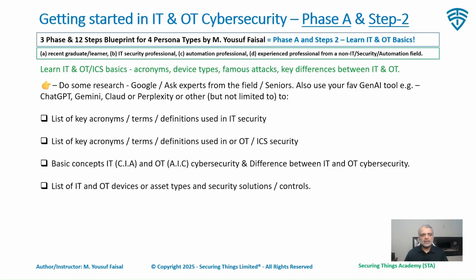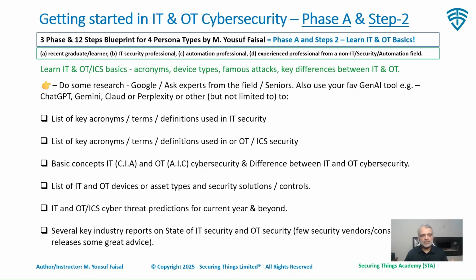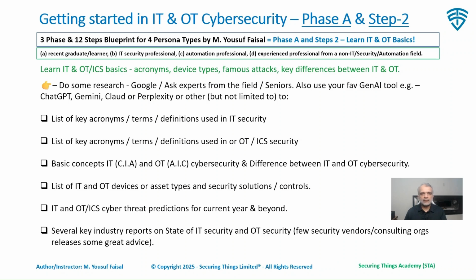A list of IT and OT device types or asset types used within IT environments or industrial environments. Certain IT and OT cybersecurity threats, and their predictions for the current year and beyond. Differences between IT and OT cybersecurity, and several key industry reports on the state of IT and OT cybersecurity that get released on almost a yearly basis.